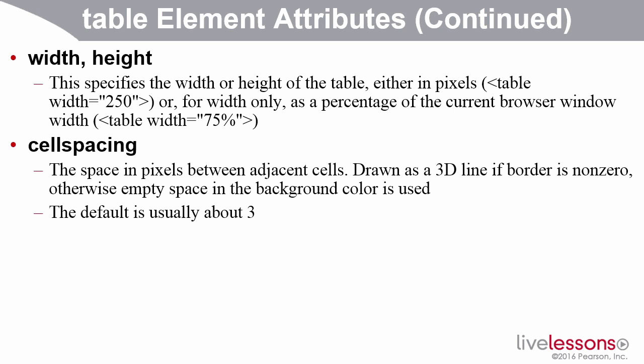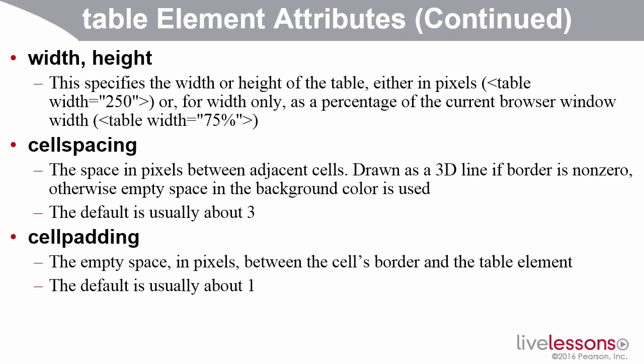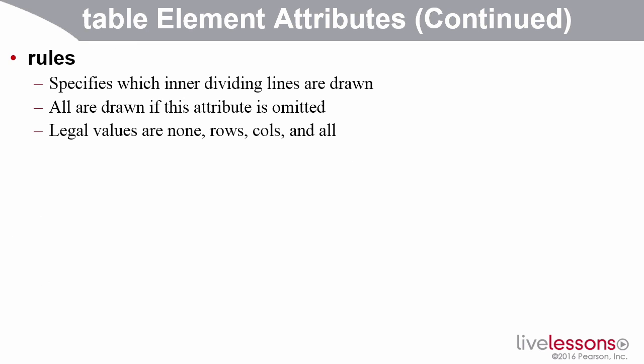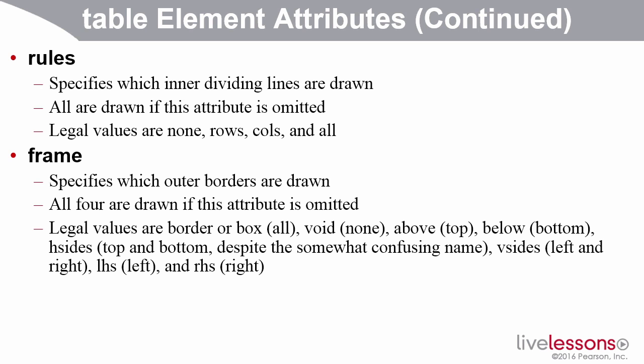You can control the amount of space between adjacent cells. You can control the amount of padding between the text inside the cell and the border of the cell. You can control the lines that are drawn between the cells, and you can control the lines that are drawn around the outside of the table.